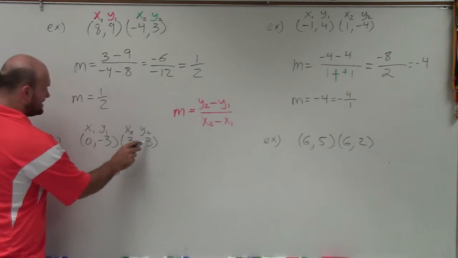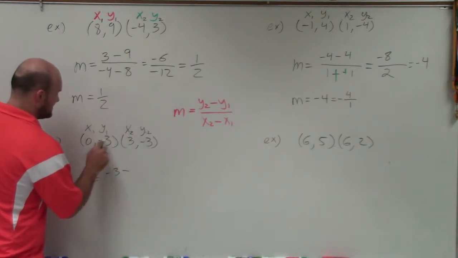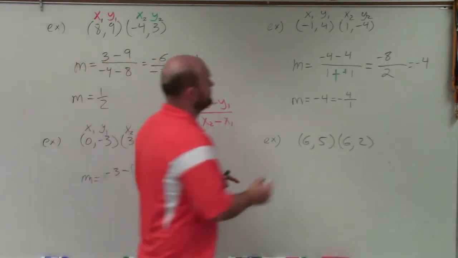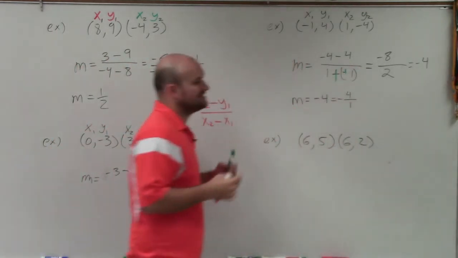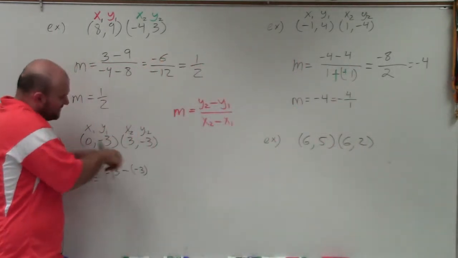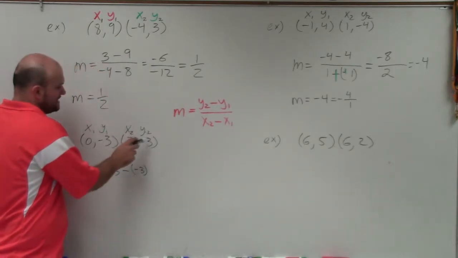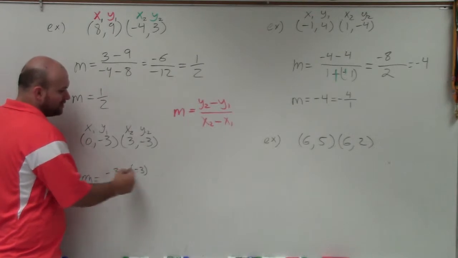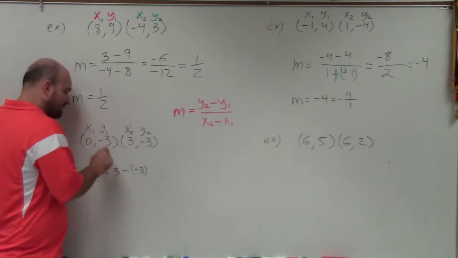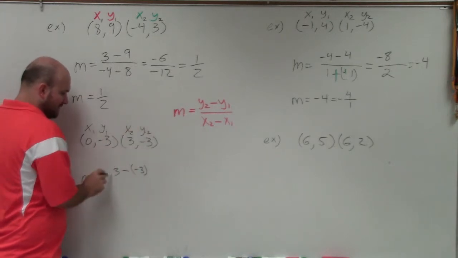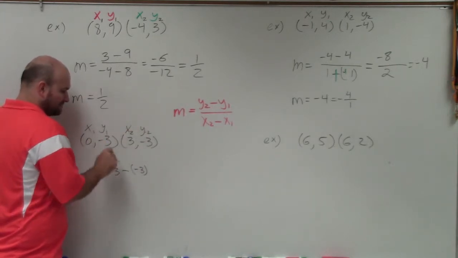So I have y2, which is -3, minus a negative -3. And I should have done that over here. When you're entering these in, especially when you're entering in a negative, make sure you use your parentheses, because this is one of the common mistakes. Students will see -3 minus -3, and they'll only use one subtraction. Well, it's y2 minus y1. y2 is -3, y1 is -3.